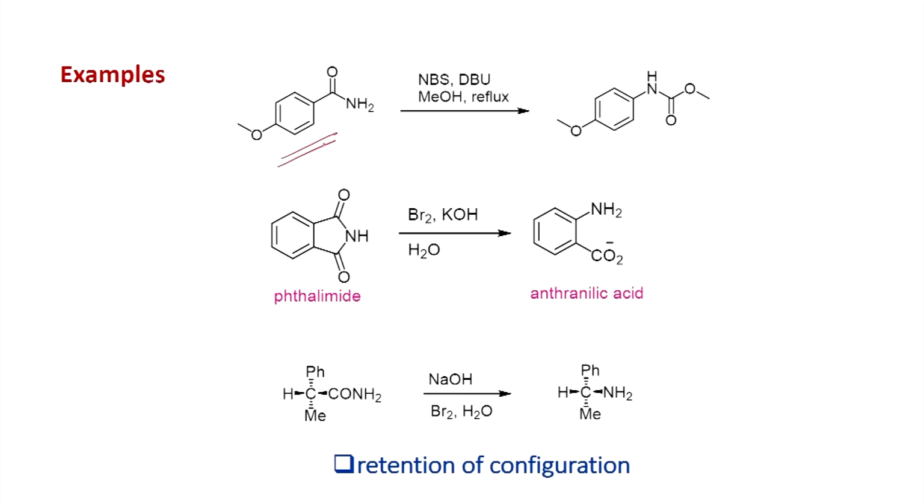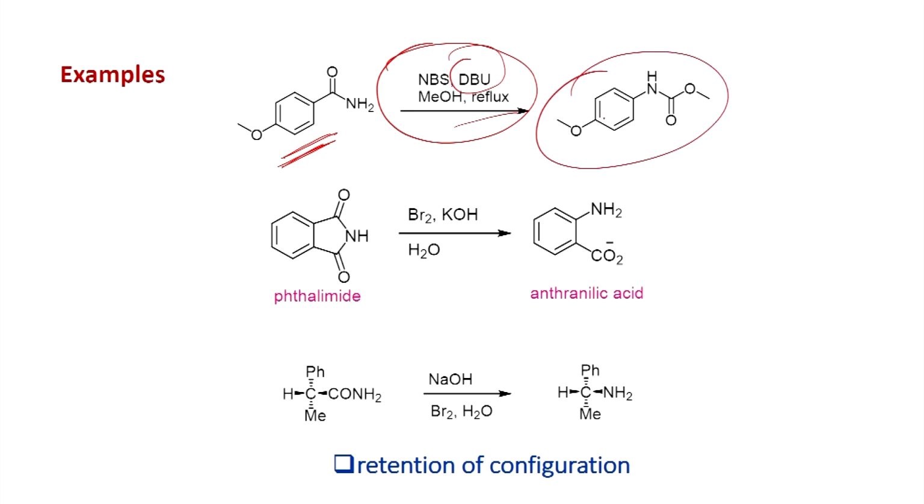Now let us look at this amide, benzamide. When you react it with NBS and base in methanol solvent, you will be able to form this compound. We have seen the traditional Hofmann rearrangement, where they used aqueous sodium or potassium hydroxide in the presence of bromine.